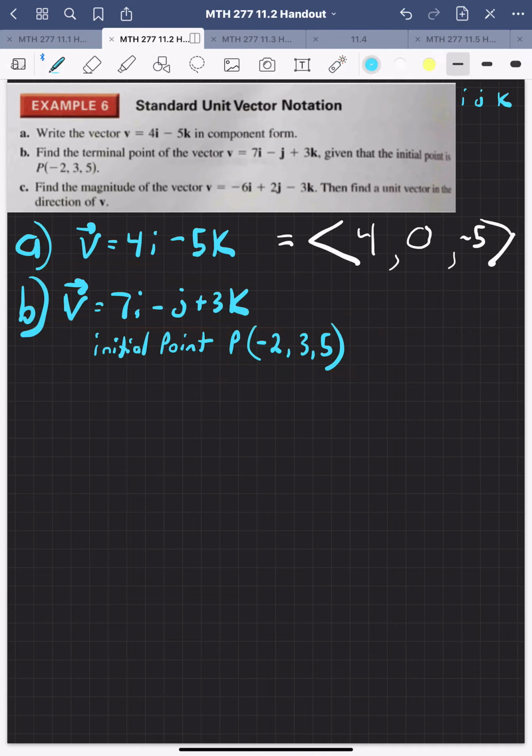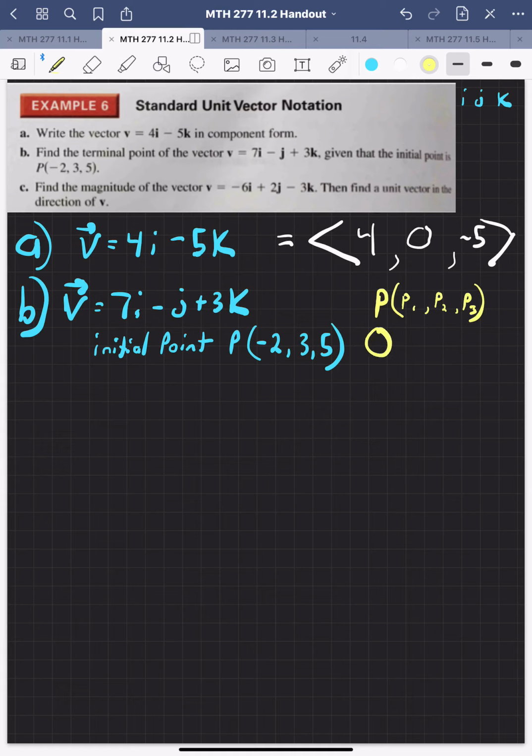The way we're going to do this is, if you recall the formula we used to go from component form, let me do something to make this question a little bit easier to see. So let's assume that point P is, and I'm just going to make up something here, P sub 1, P sub 2, P sub 3.